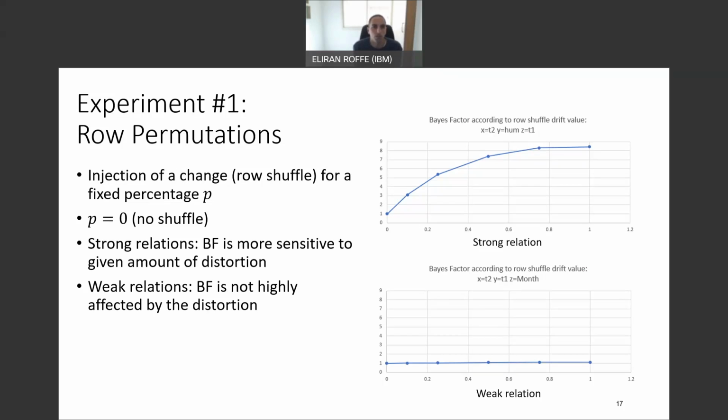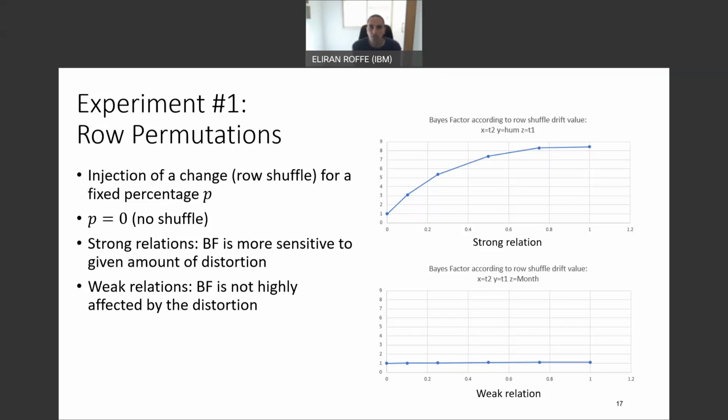And when we increase the amount of shuffling, the amount of rows that we shuffle, you can see that for strong relations, it is significantly increased, but for weak relations, there is no change because the data is already pretty random.